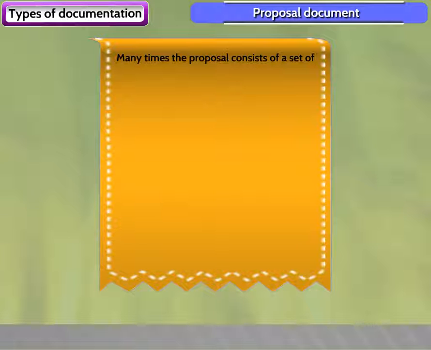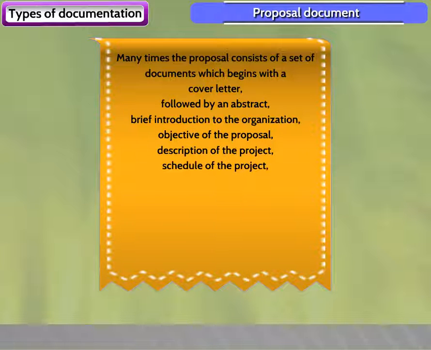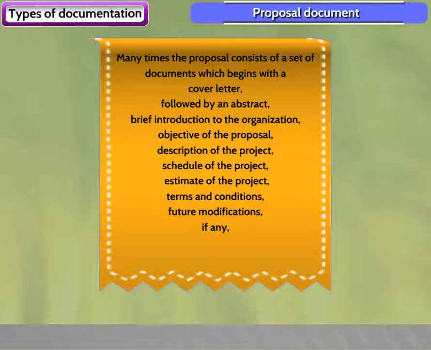Many times the proposal consists of a set of documents which begins with a cover letter followed by an abstract, brief introduction to the organization, objective of the proposal, description of the project, schedule of the project, estimate of the project, terms and conditions, future modifications, if any, and appendices.